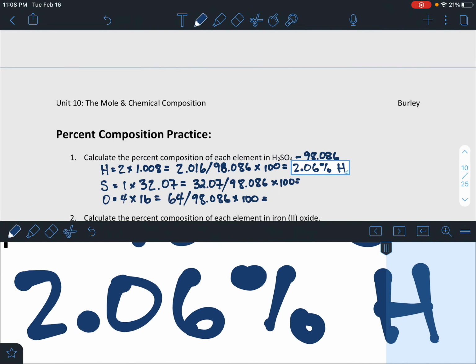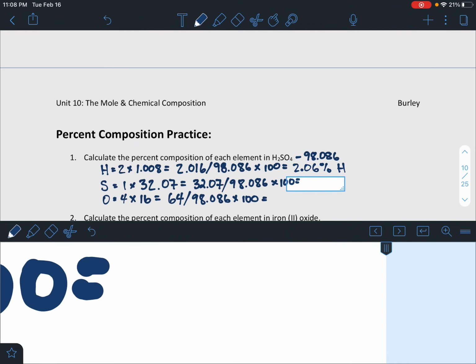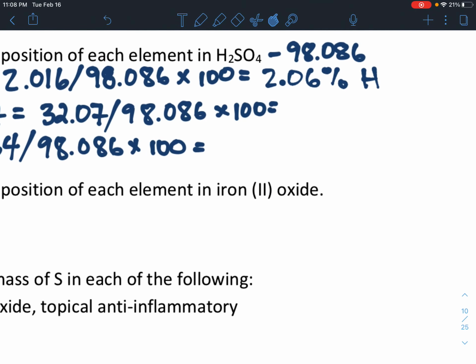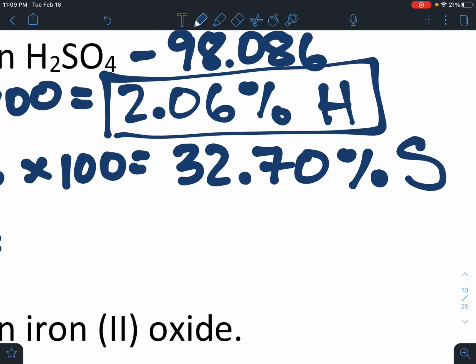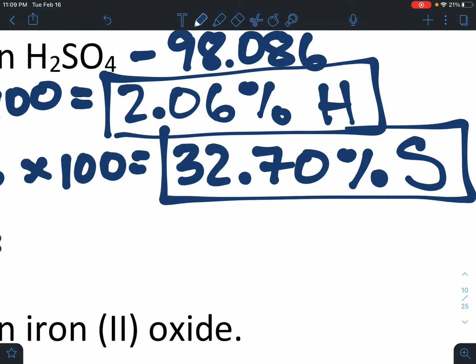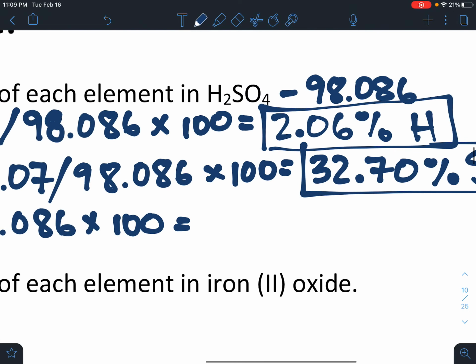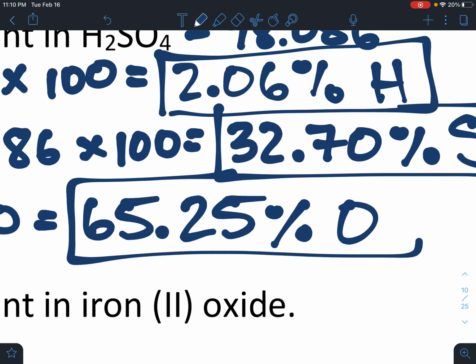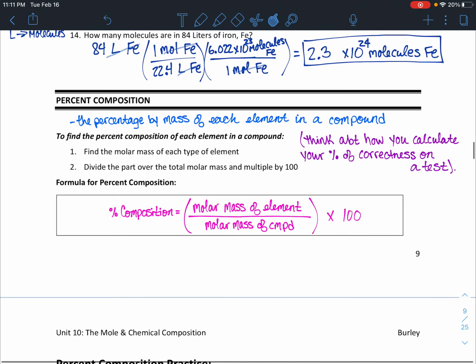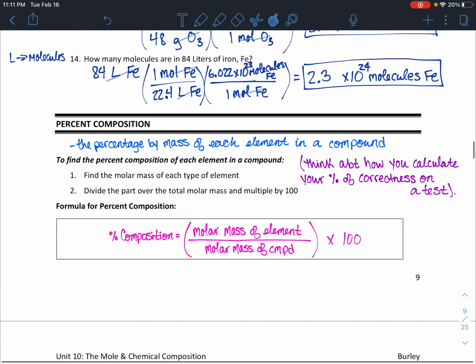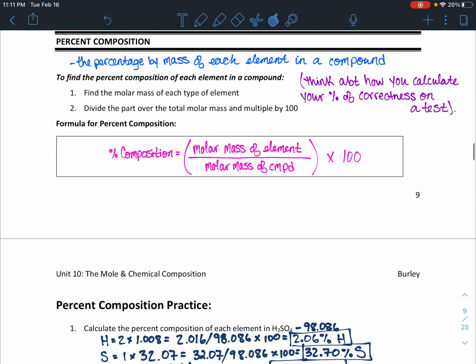Because it's a really long line here, it's a lot easier if you throw the element there as well. So we have percent hydrogen. That's the percent of sulfur in the compound, and that was oxygen. And that is how you calculate percent composition or percent by mass of an element in a compound. Have a wonderful day.